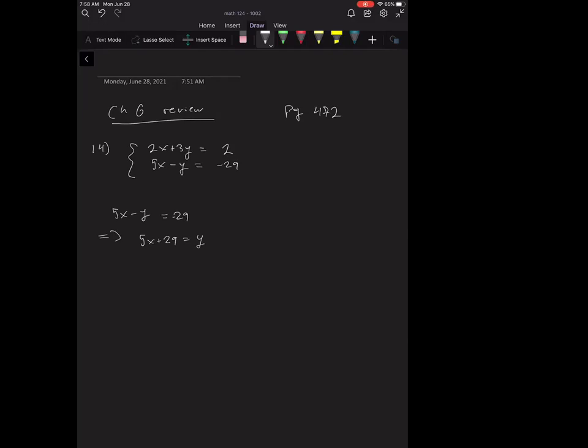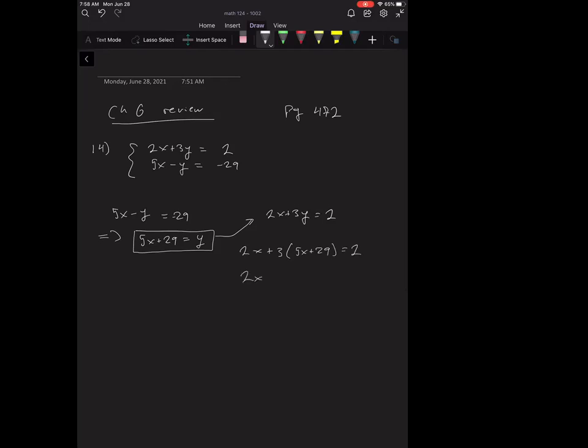Then we take our first equation, 2x plus 3y is equal to 2, and plug this in for y. So we have 2x plus 3 times (5x plus 29) is equal to 2.